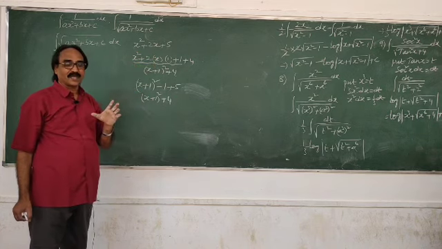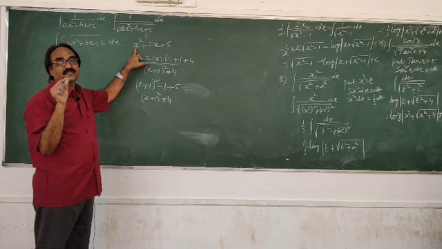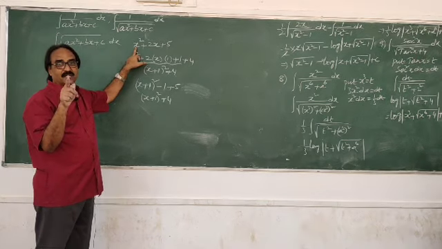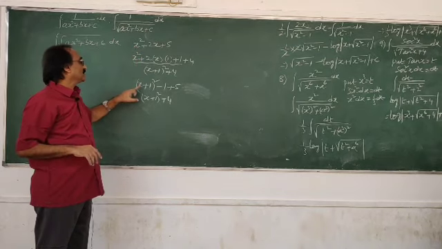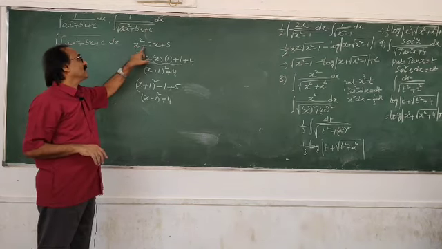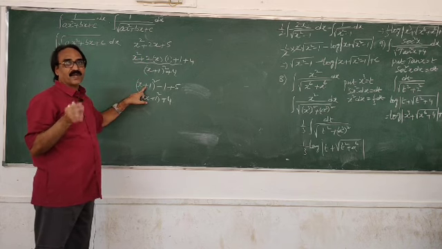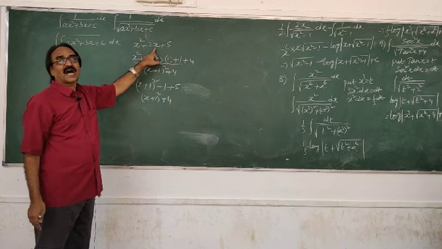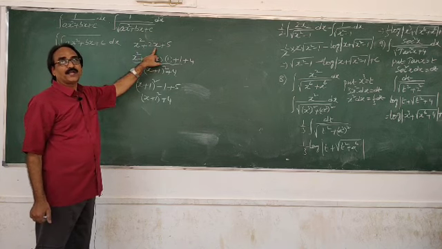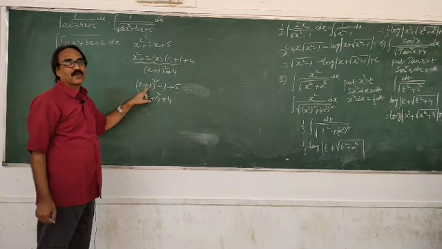Once again, whatever the coefficient of x square is, if present, you should take it common. Then whatever the variable is, you write that. Whatever the sign is, you write it: if it is plus, you write plus, and if it is minus, you write minus. Then half of the x coefficient, half means 1 by 2. 2 into 1 by 2 means 1, so that constant whole square.